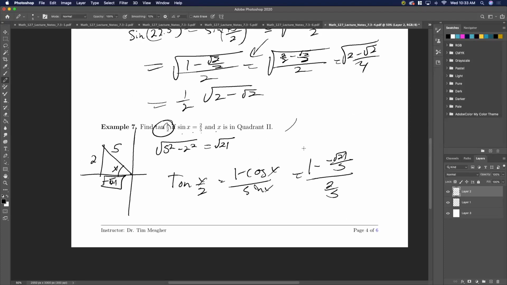Technically you can leave it here. In fact, for today's class, let's go ahead and do that. Could you manipulate it, make it look better? Yeah, sure, but don't worry too much about it. No, it's best that I show you the manipulation every time. So this would be 5 over 5 minus square root of 21 over 5, all over 2 over 5. Notice the over 5's everywhere, so you can just cancel that out.